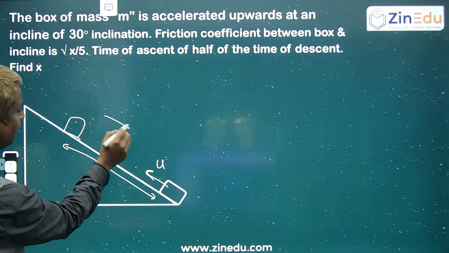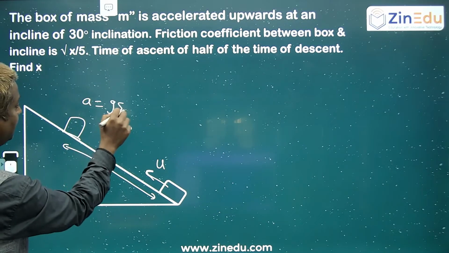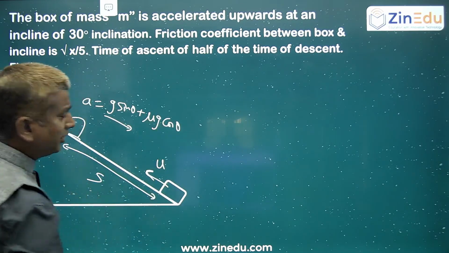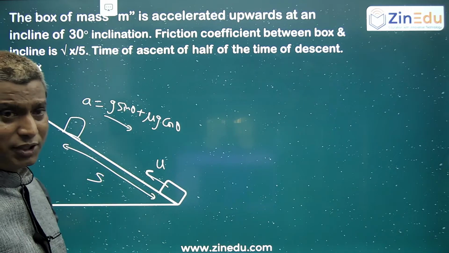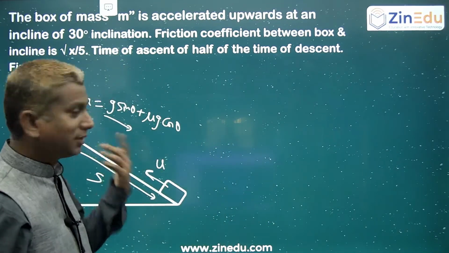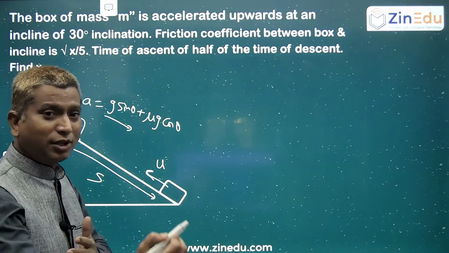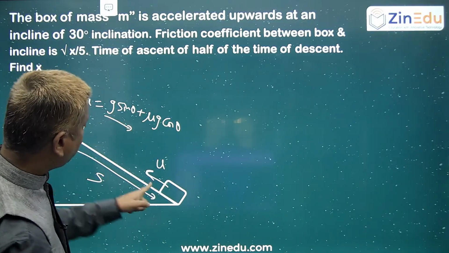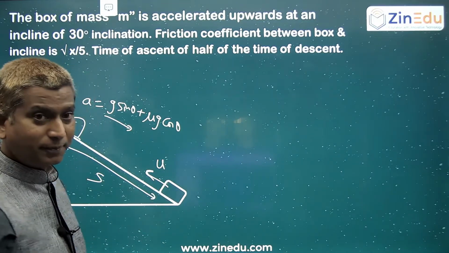So the acceleration will be g sin theta plus mu g cos theta, because already it is slipping. The limiting value of the frictional force is equal to mu times the normal contact force, and the normal contact is mg cos theta, so mu mg cos theta upon m, that is mu g cos theta. This is the acceleration which is opposite to the initial velocity when it is moving up.